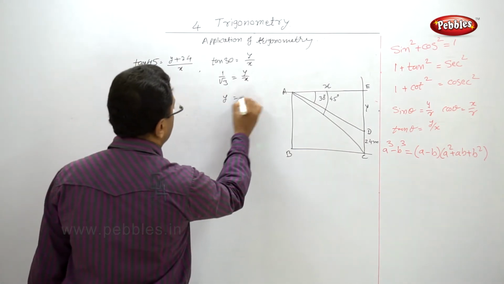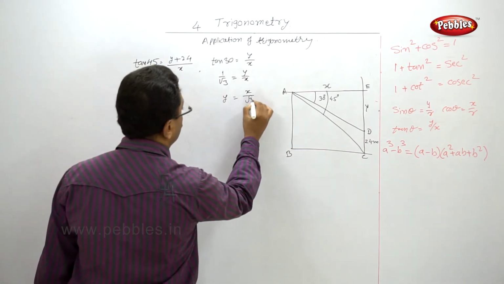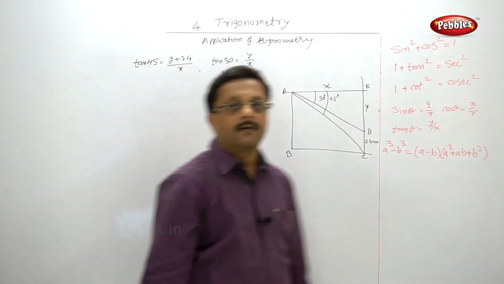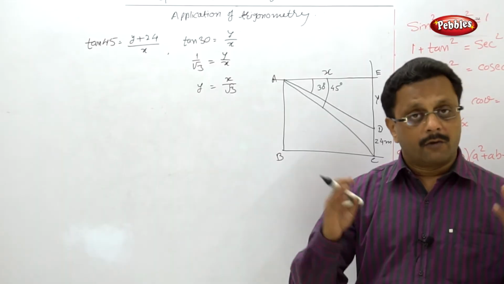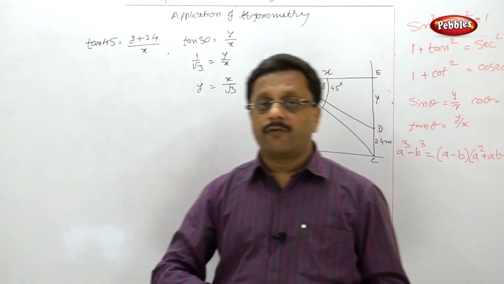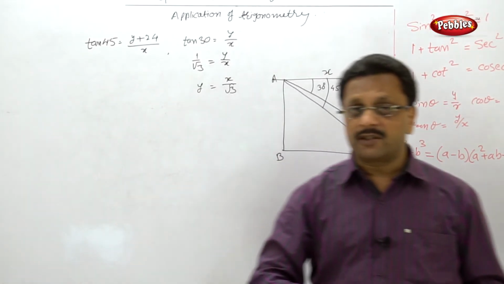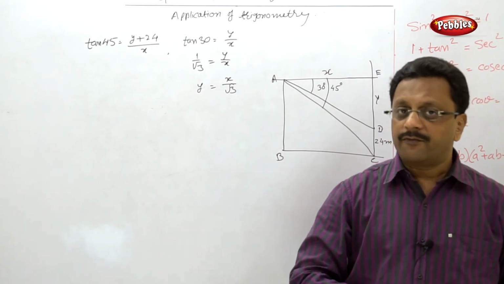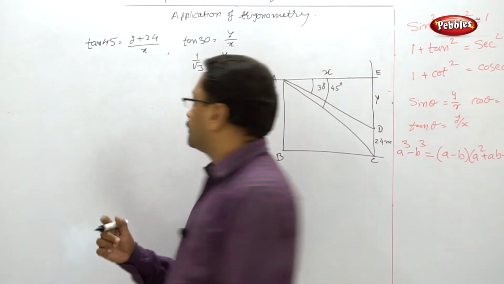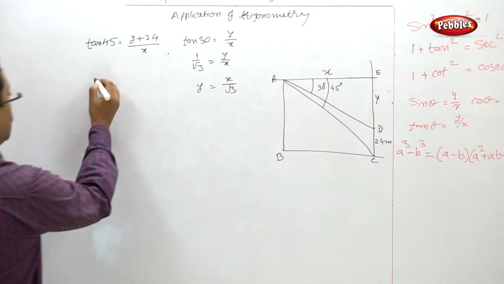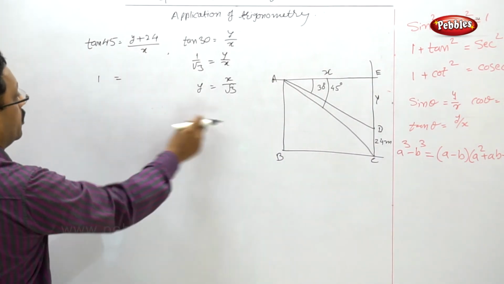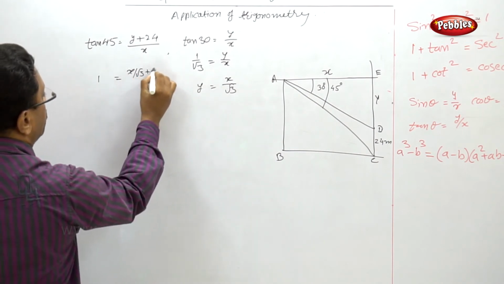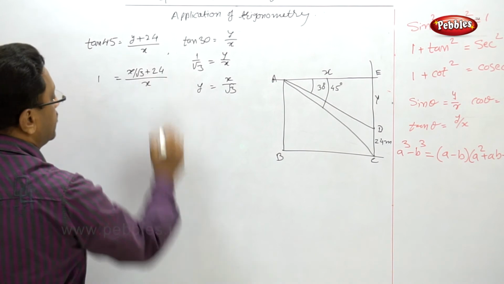So y is equal to x upon root 3. Can we substitute it here? What is tan 45? Now visualize our other triangle, 45 degrees, both the sides, isosceles right angle triangle, 1, 1, root 2. So tan 45 is 1. So here I got 1 is equal to, I will substitute this, x upon root 3 plus 24 upon x.